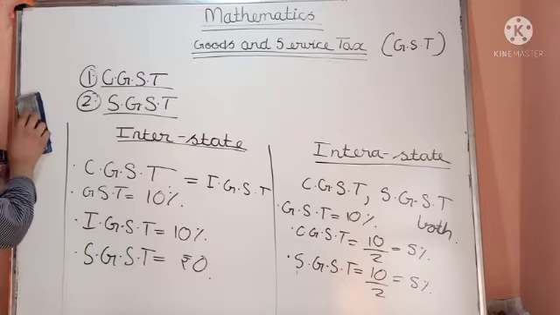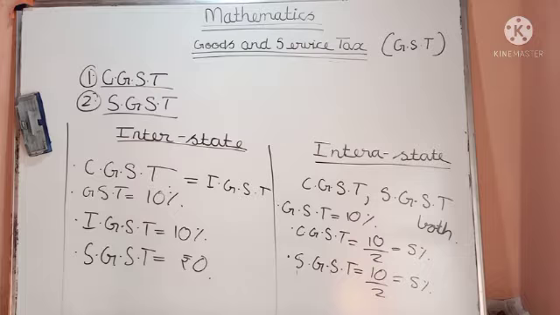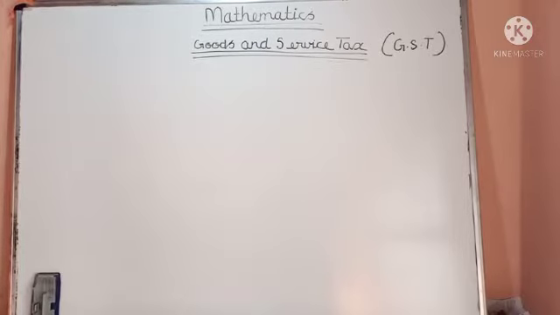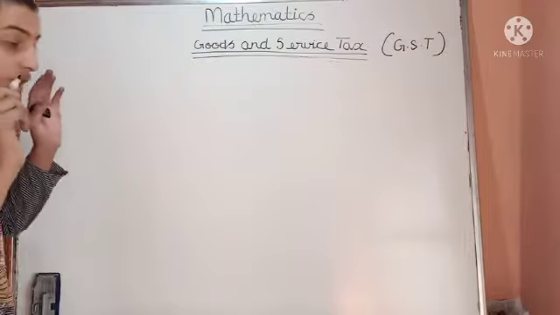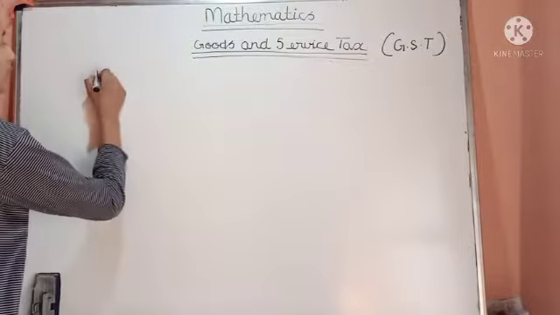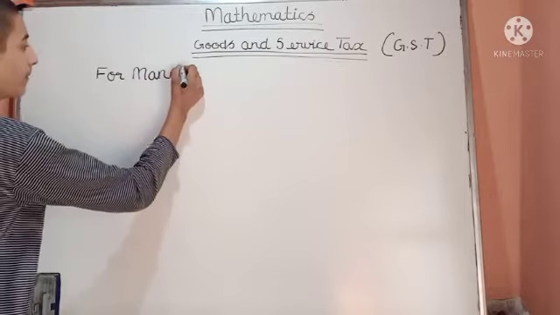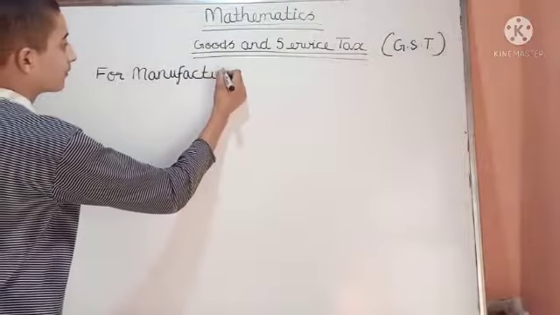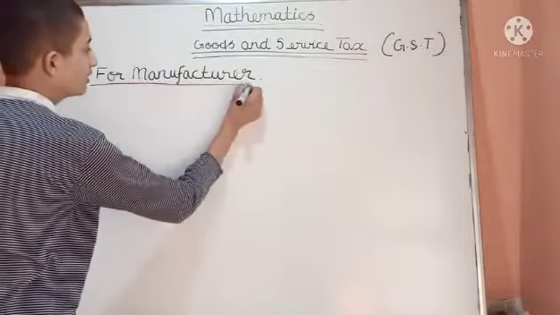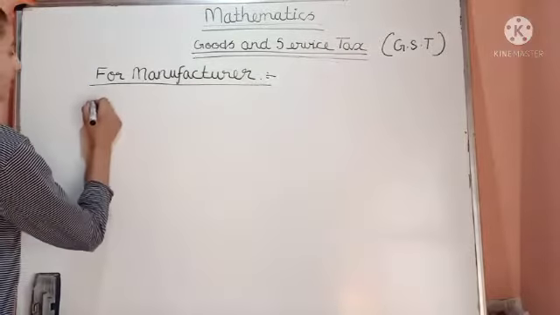Now we are going to discuss some questions related to this goods and service tax. One question is like: manufacturer A sells a washing machine to dealer B for rupees 12500. You will solve the questions like this only. Here the SP for the manufacturer is given as rupees 12,500.